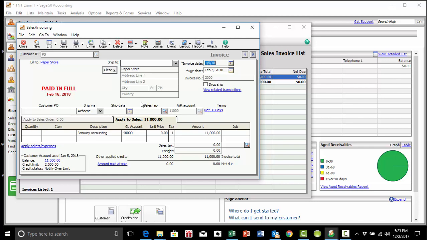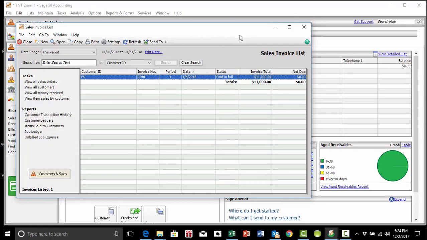This is the entry that was made. Sales invoicing. You're making an entry billing our customer, paper store, for this GL account, for this amount, for this issue, January accounting, $11,000. Okay, that was that entry.